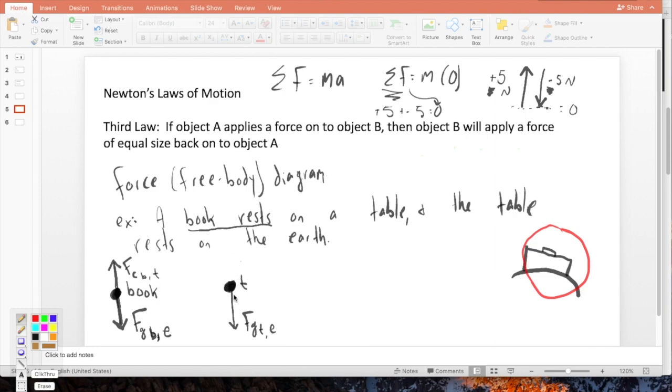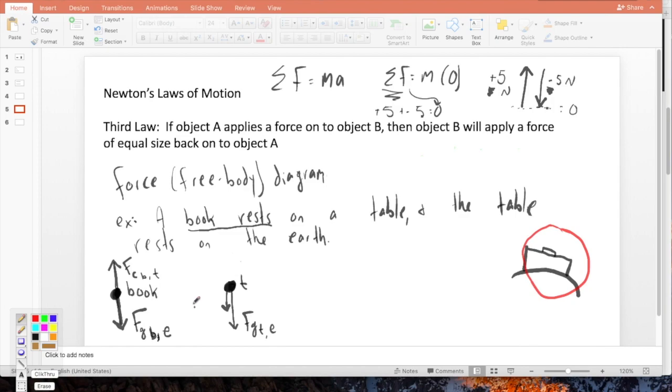If you're paying attention, what else do I have pulling or pushing the table down? I have the book pushing the table down. So I need to draw a force going down. And I know that it's kind of funky to smoosh it in there, but that's what you have to do. And I need to label that force now.